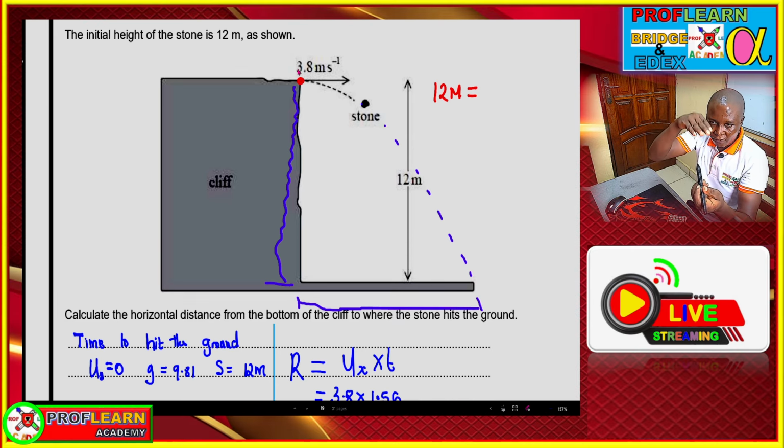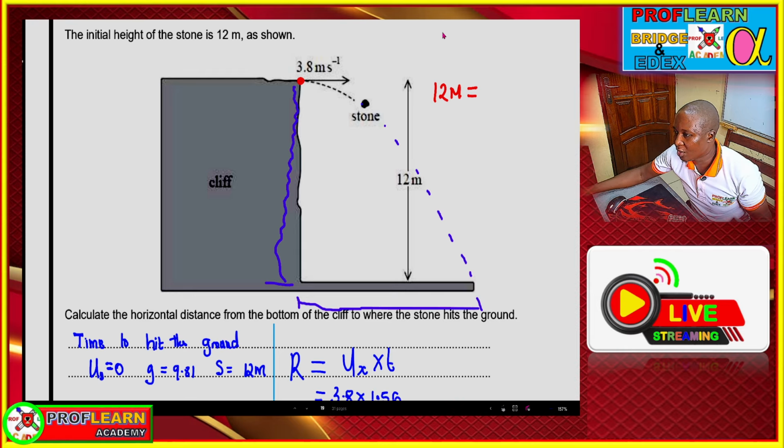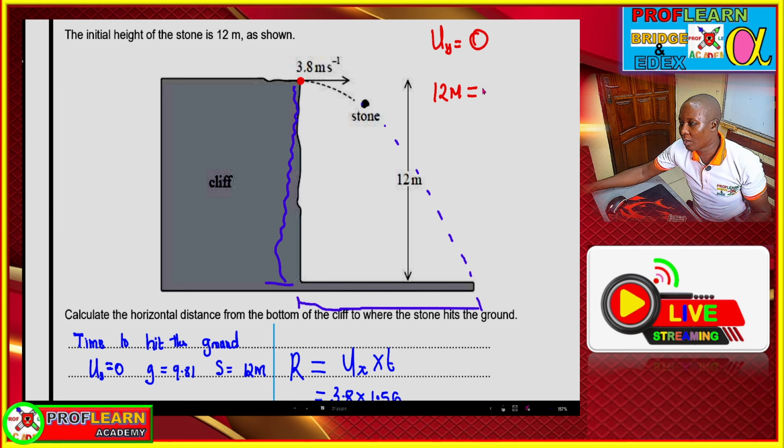The stone was projected horizontally, so the vertical motion of the stone at the point of projection is 0. So the initial velocity in the y direction at the time of projection from the top of the cliff is taken to be 0. That is why we are going to say ut plus a half gt squared.